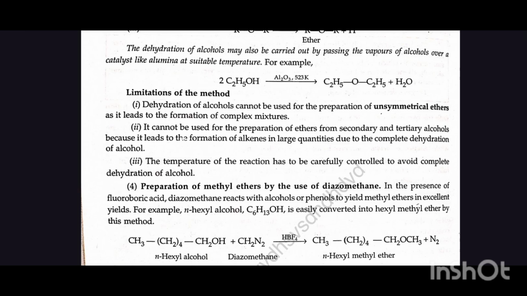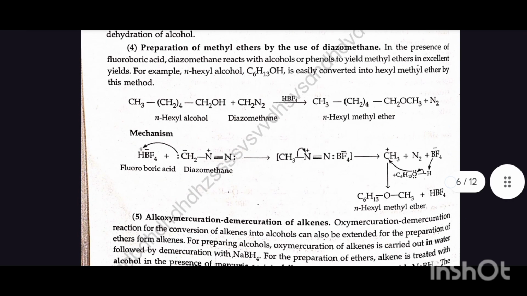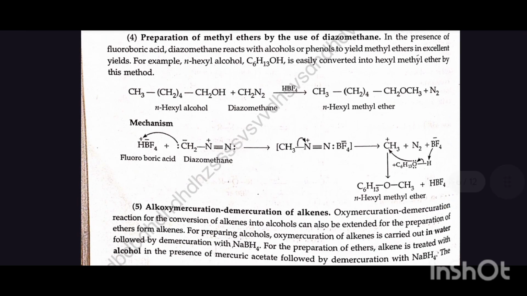For example, n-hexyl alcohol, C6H13OH, is easily converted into hexyl methyl ether by this method. The reaction of n-hexyl alcohol plus diazomethane in presence of HBF4 gives n-hexyl methyl ether. The mechanism is as follows.